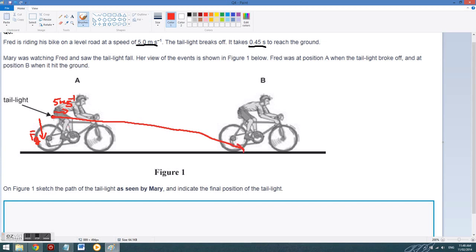Sorry guys, it should be a parabola. Let me draw that again. It should be something like this. A parabola position graph. Why is it always a parabola?